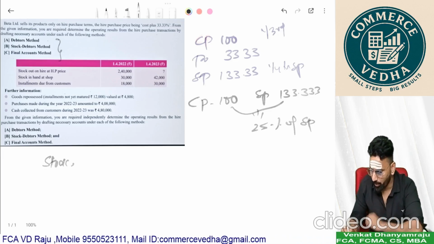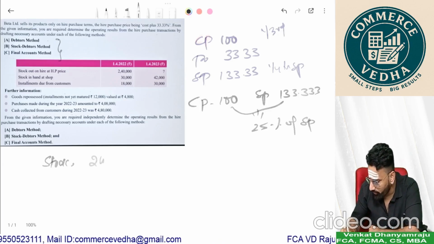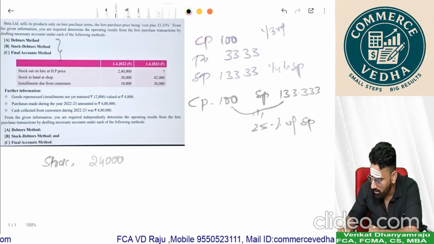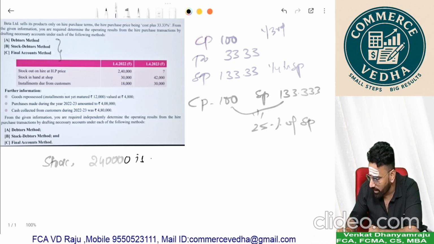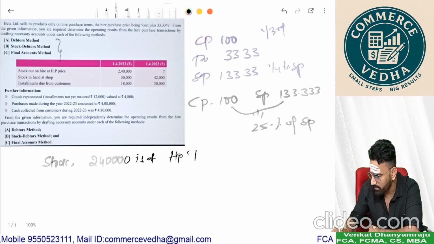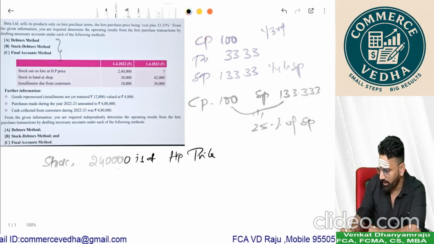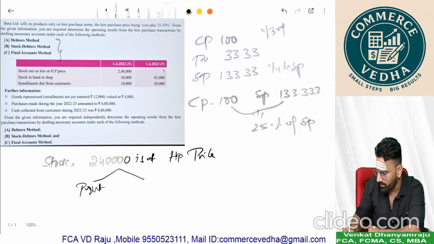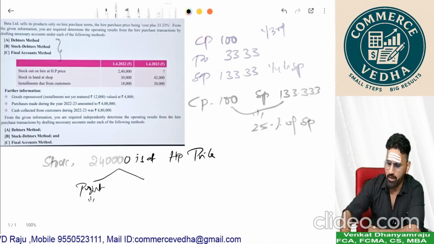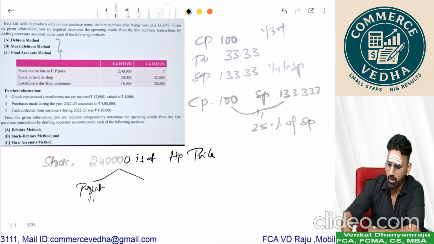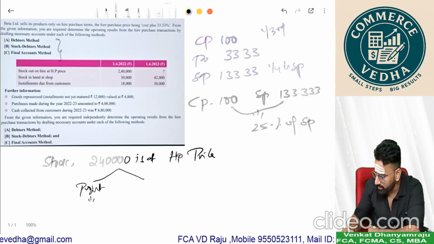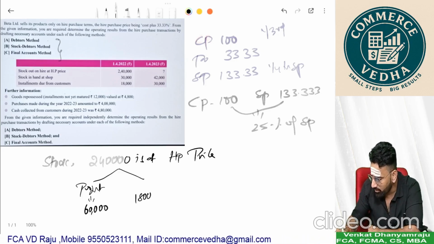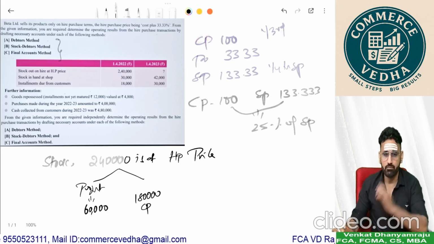So your opening stock of 2,40,000 is at hire purchase price. So we need to identify the cost price. Your profit you need to eliminate. That is hire purchase price 2,40,000, on that 25% is the profit. 60,000 is the profit, and 1,80,000 is the cost price. That should be in your mind.